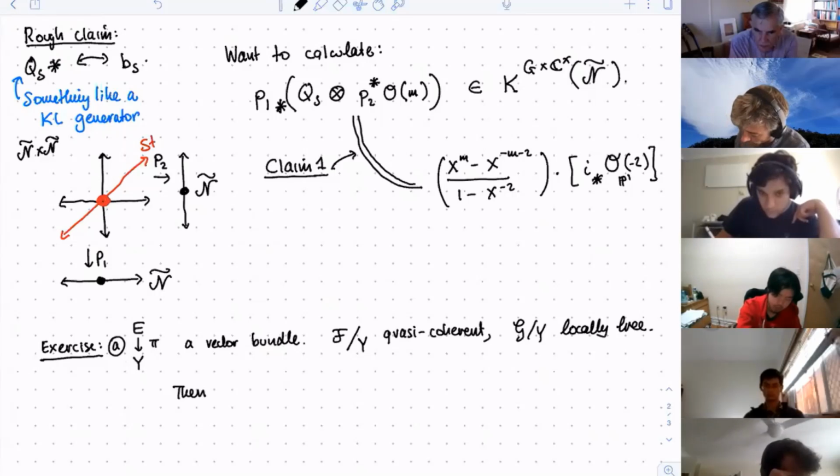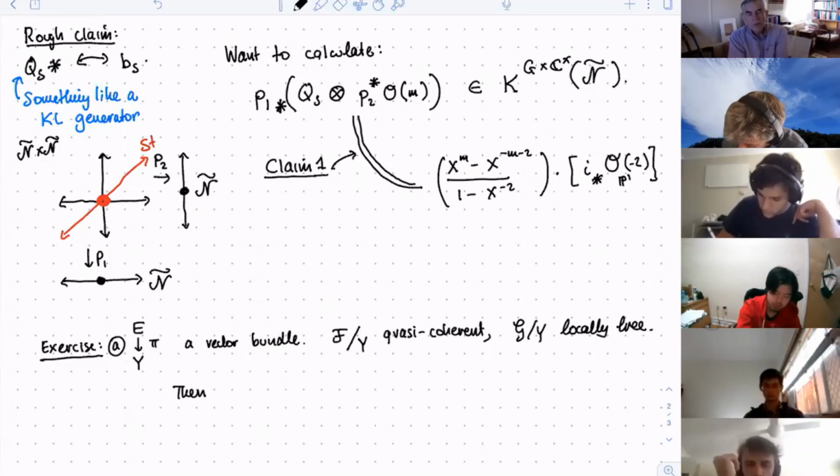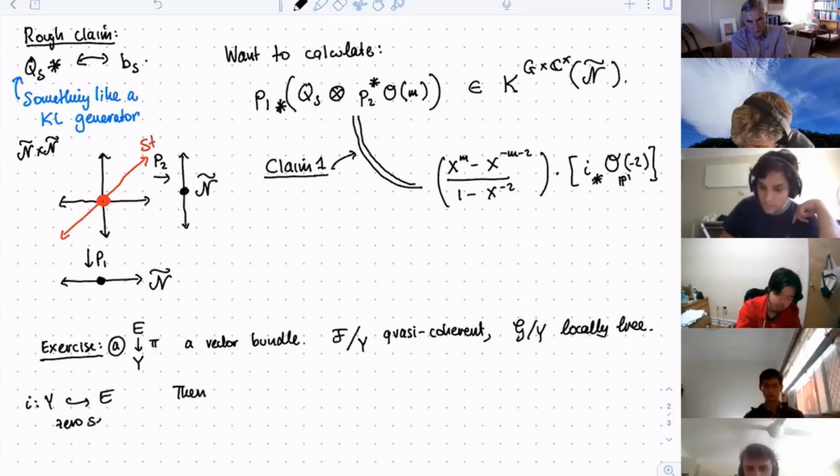there's two things that we can do. If I denotes the inclusion of the zero section, there's two things that we could do.